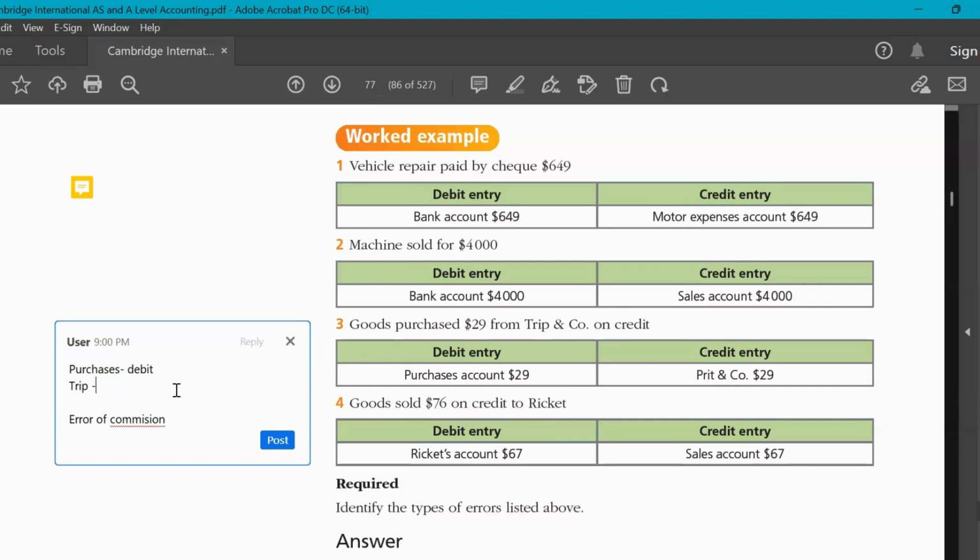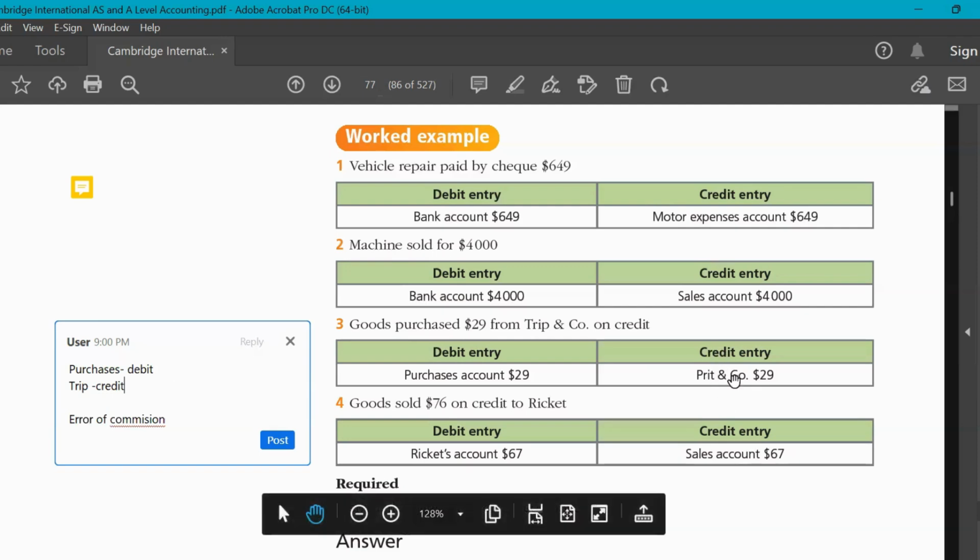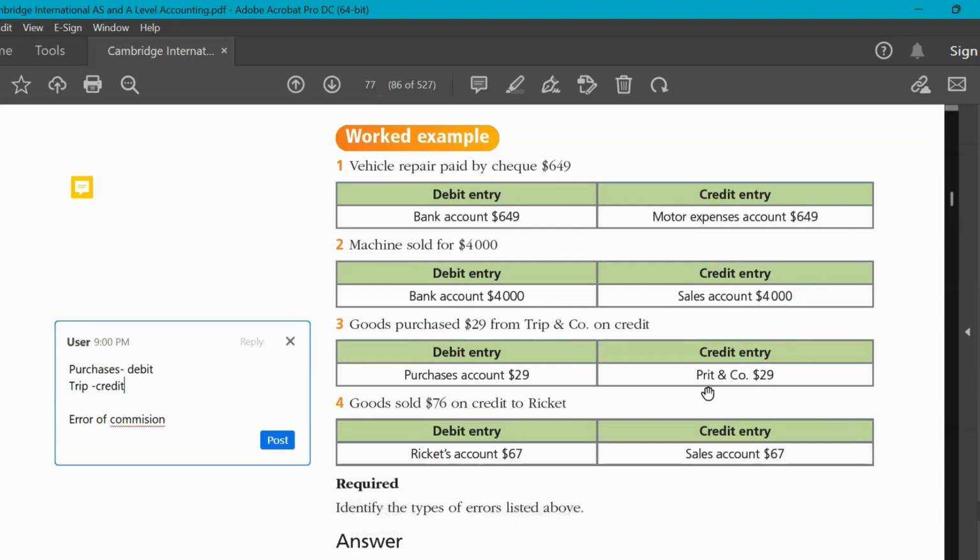Even me, I got confused here. So again, the name of the creditor is wrong. So this one is the error of commission. The right side was used, but the wrong supplier's account name. So this one is the wrong entry because the name of the supplier is not Prit, but Trip.